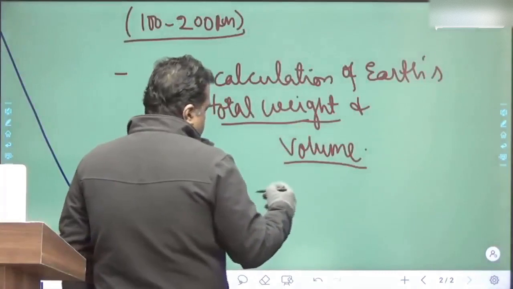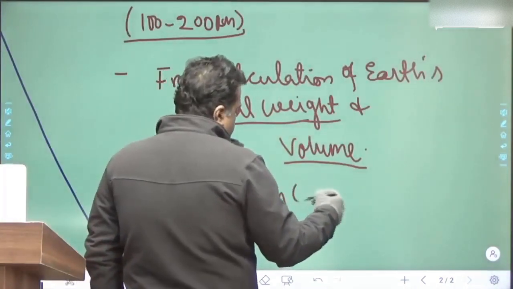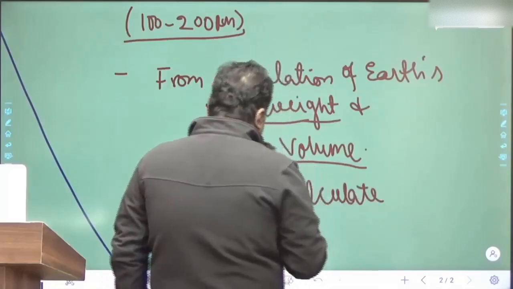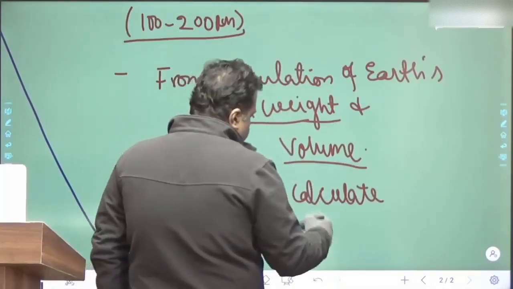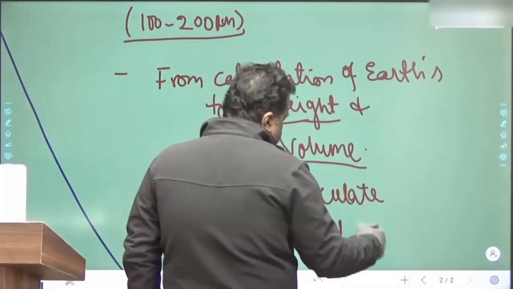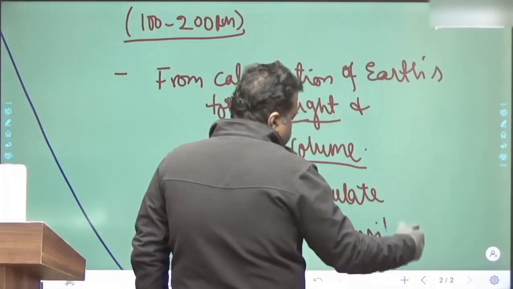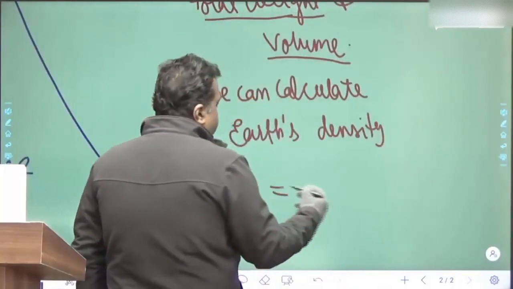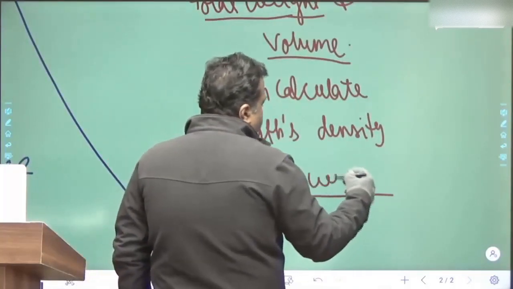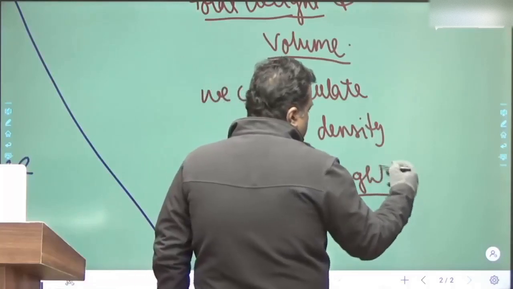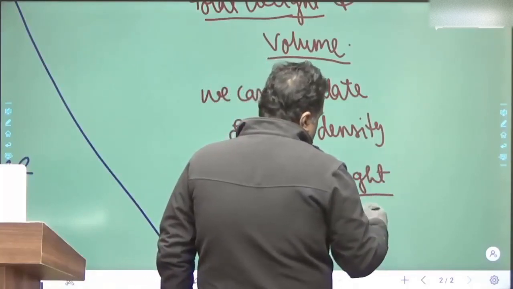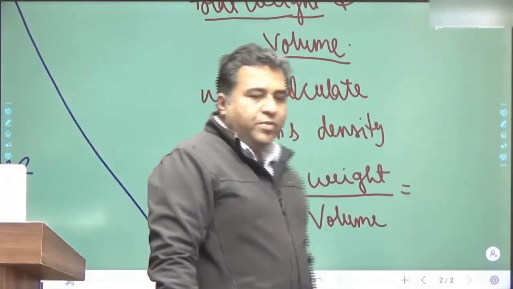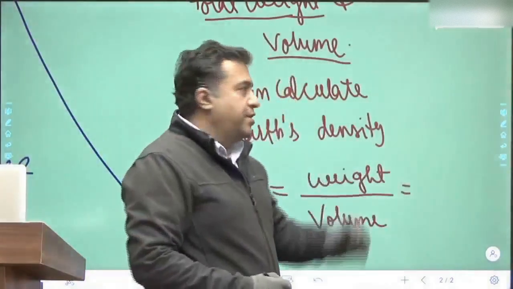Once you get the total weight using gravity's equation, and the total volume using the shape and radius of the Earth, we can calculate Earth's density, which is equal to weight upon volume. So we have calculated the weight and the volume, and hence the density of the Earth.